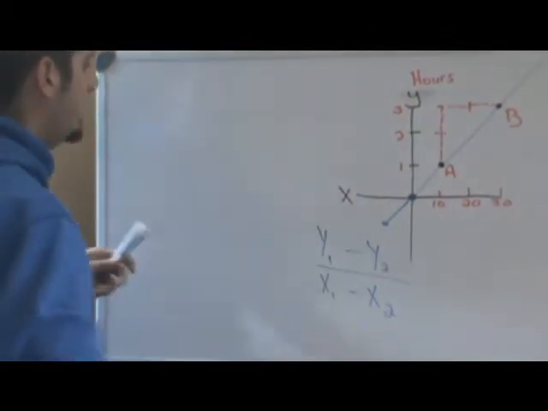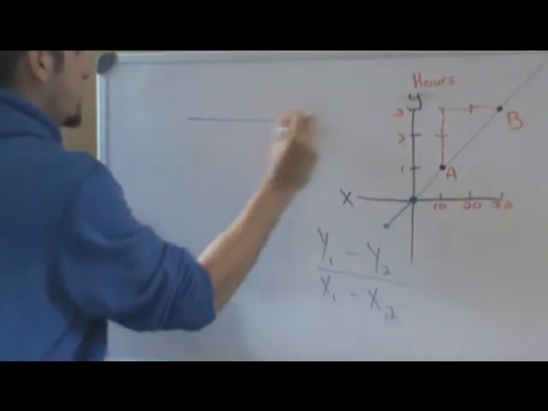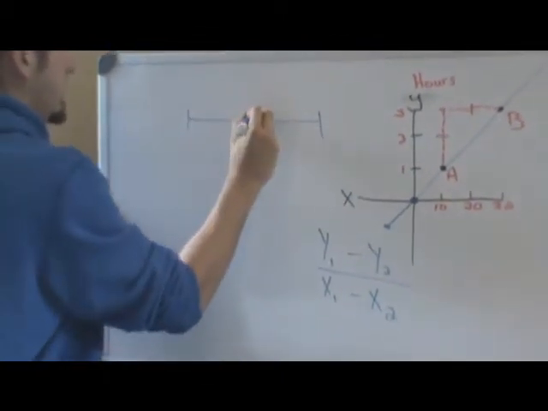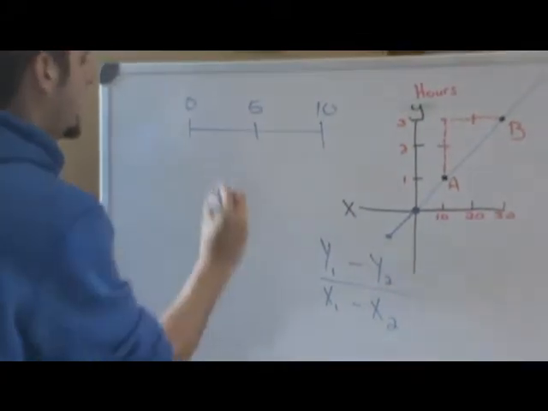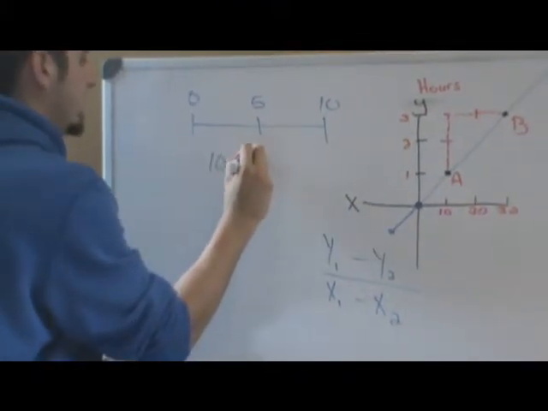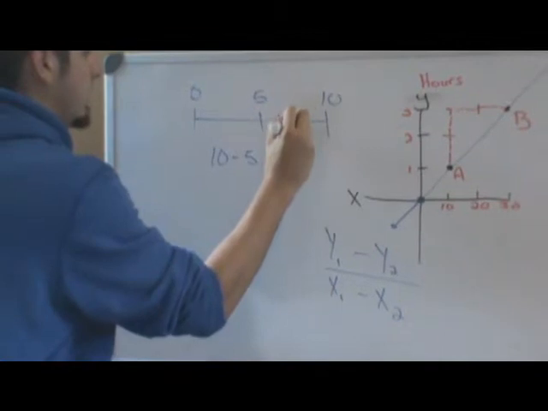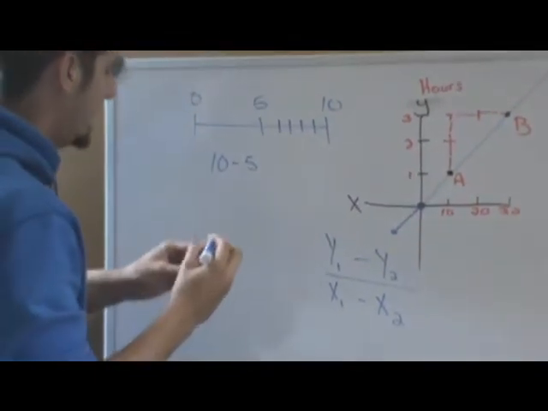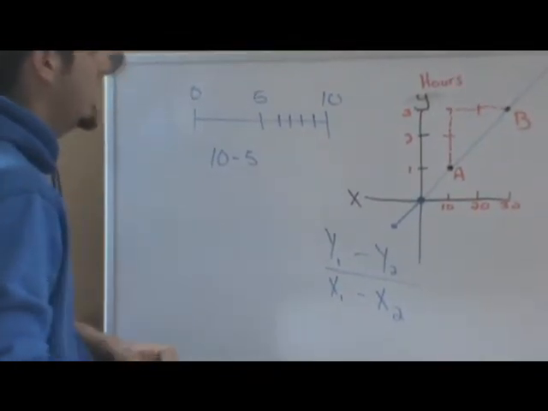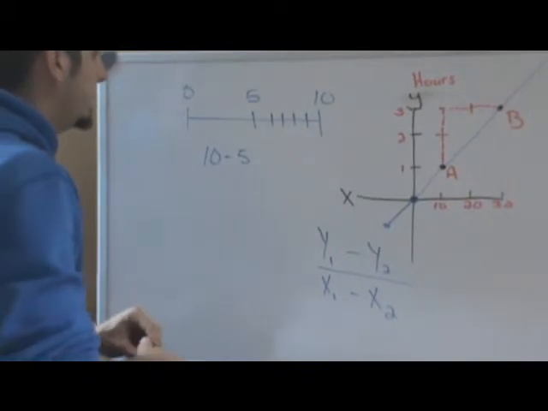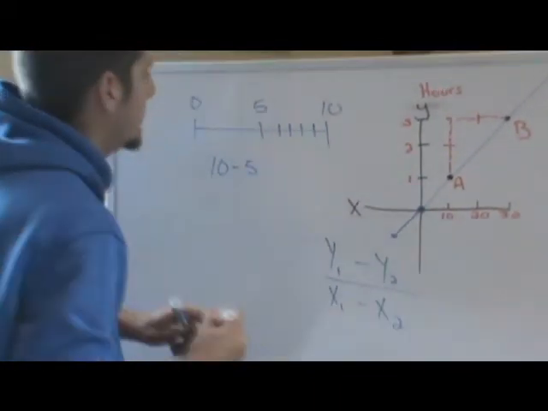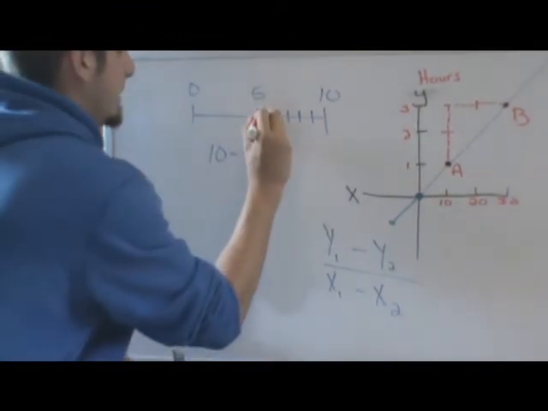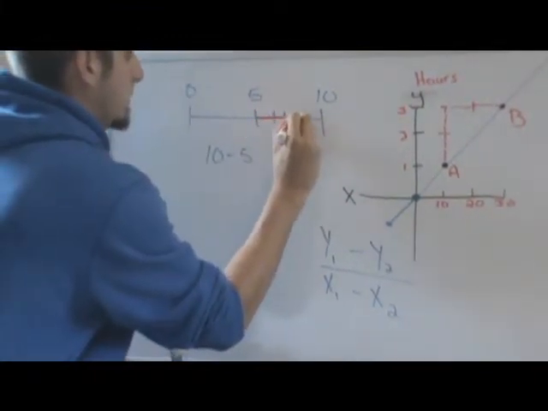If I were to make a number line, I can kind of illustrate that for you a little bit better. Here's 5, here's 10, here's 0. If I were to do 10 minus 5, so 6, 7, 8, 9, okay? Doing 10 minus 5 is going to tell me what's between 10 and 5 on the number line. So it's going to tell me how much space there is from here to here.